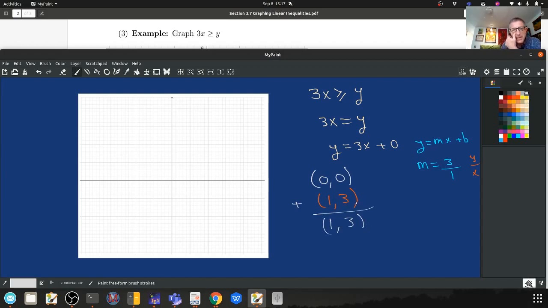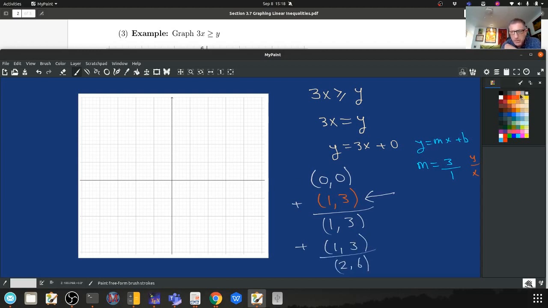The only time the adder point is actually a point on the line is when the line goes through the origin. Normally the adder point is not a point on our line, but it is this time. And if I want something a little bit further away, I could add the adder point again and get 2 and 6 as another point.